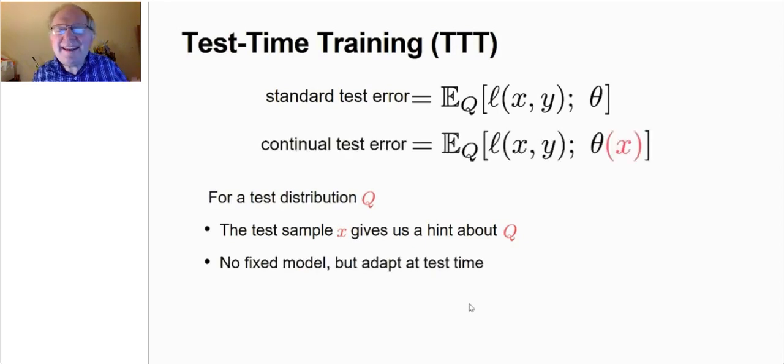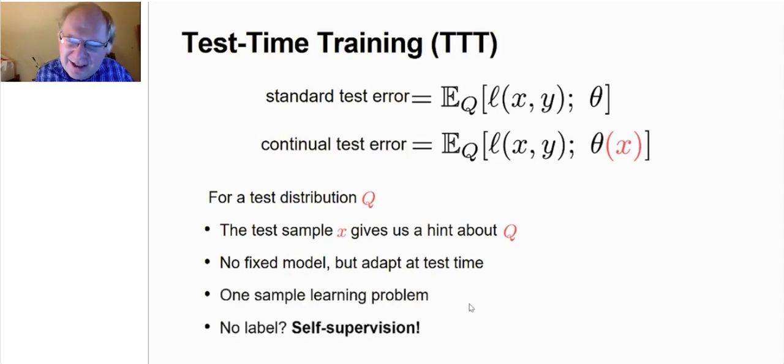And so the idea is that we can adapt our model, make our model dependent on this test sample X, to hopefully perform better at our task. So it's kind of like a one sample learning problem, but of course we don't have the label, but we do have self-supervision.